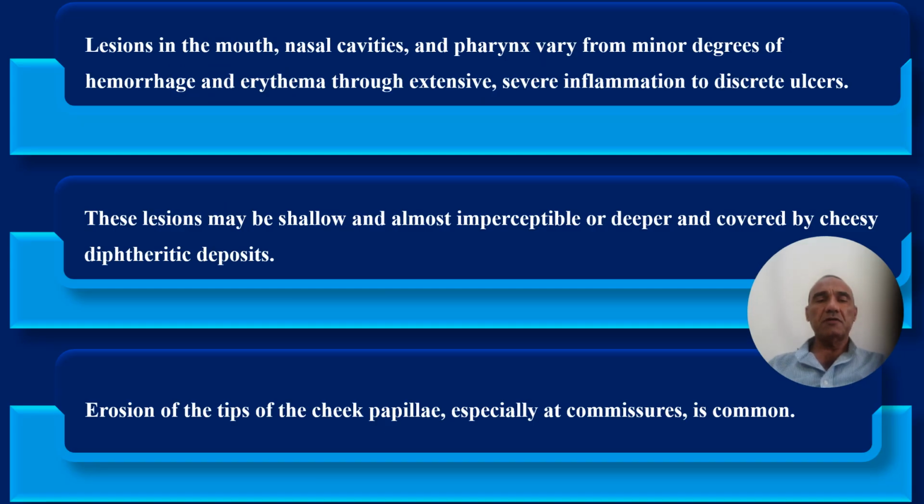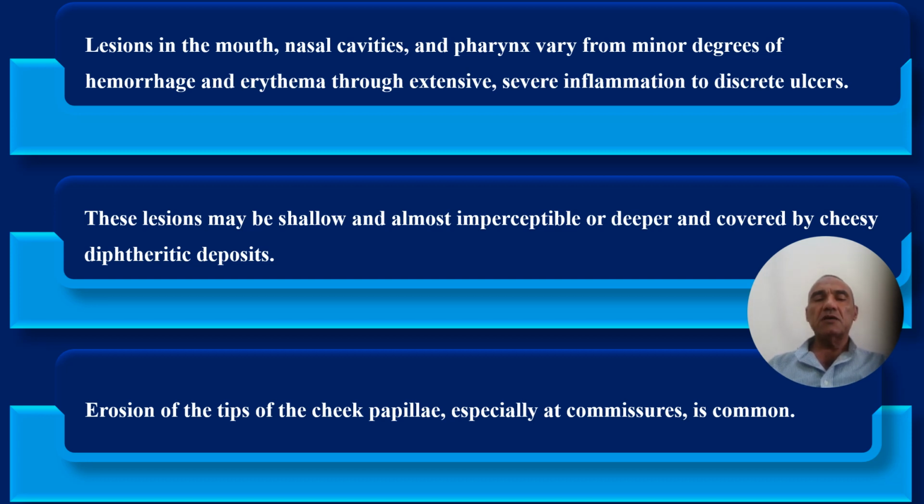Lesions in the mouth, nasal cavities and pharynx vary from minor degrees of hemorrhages and erythema through extensive severe inflammation to desiccated ulcers. These lesions may be shallow and almost imperceptible, or deeper and covered by cheesy diphtheric deposits.